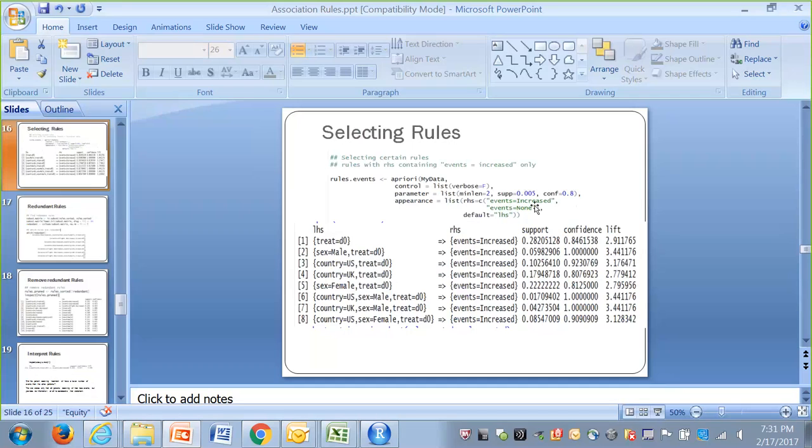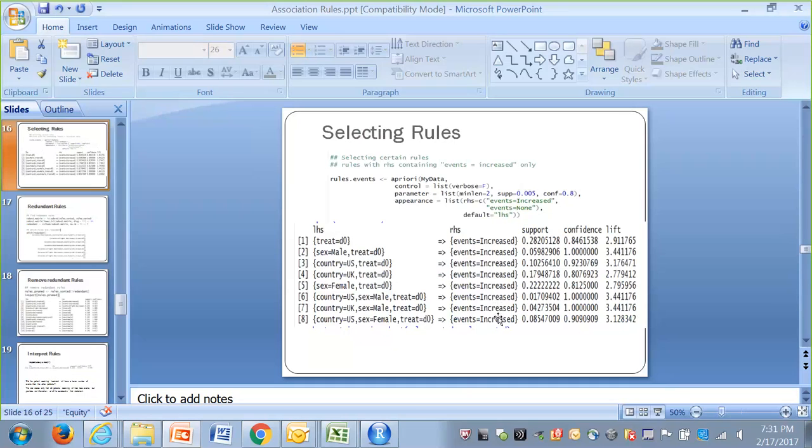So looking at that subset of patients with a support of 0.005 and a confidence of 0.8, you end up with a particular set of rules that only look at patients that had increased and patients that had no events.